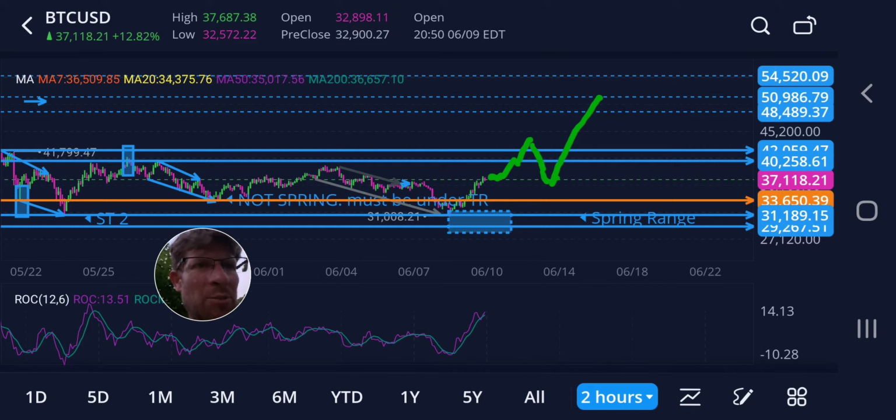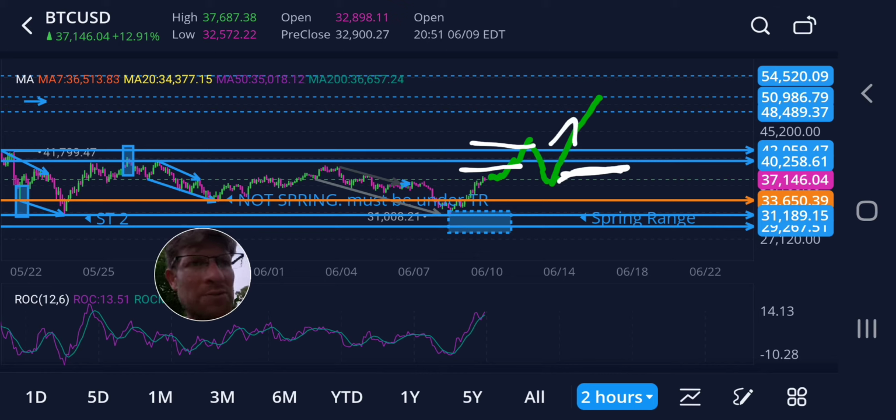So we've got a couple areas to watch. We've got this 36.8, give or take 200 region that we're in now, to really you could say up to 37.5, right? You always want to give yourself a little bit of margin of error. So we've got this to watch, and we've got these levels here.